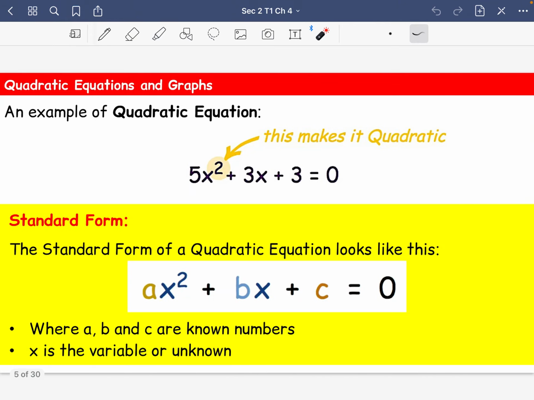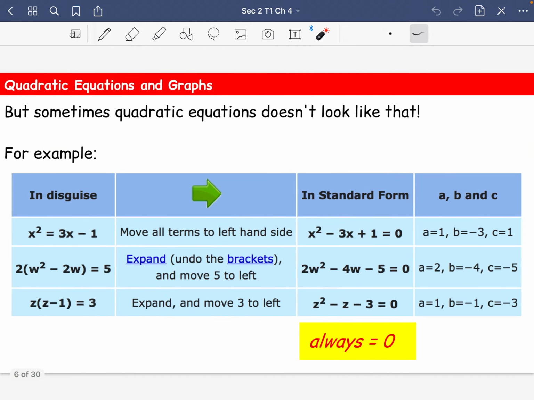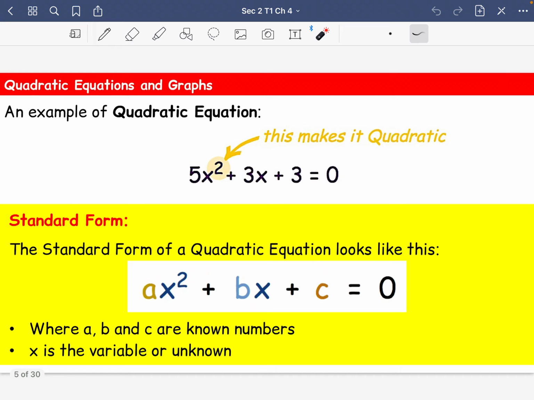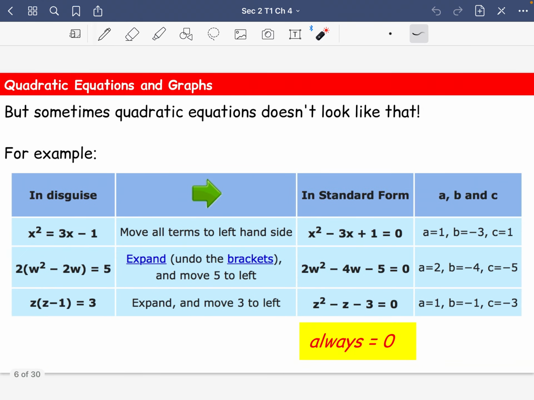Now, quadratic equations, in some books, are not written as this. They don't give away the standard form that easily. So sometimes they write it in different ways. Let's have three examples here. The first one: x squared is equal to 3x minus 1. How do we transform this into standard form?